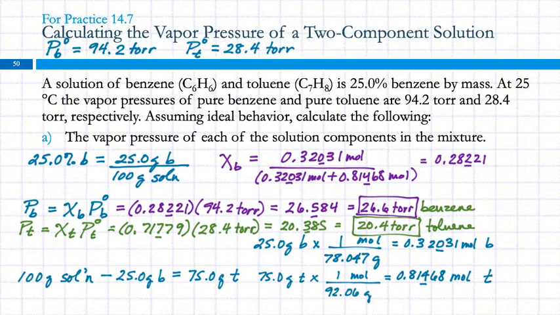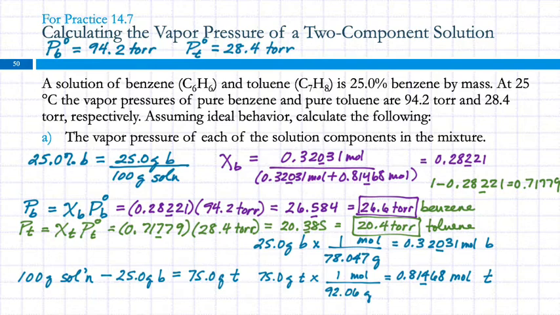Any questions? I got the 0.7 by taking 1 minus 0.28221, because just like percentages have to add up to 100, fractions have to add to 1.